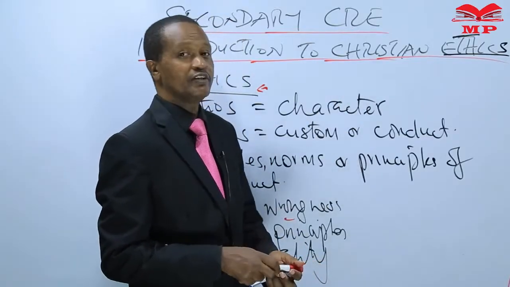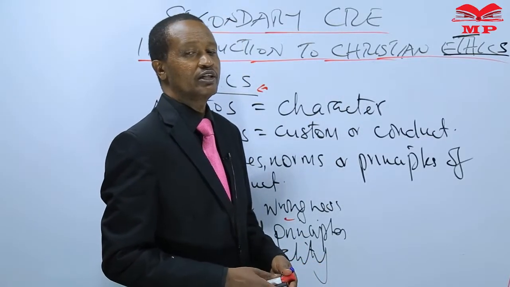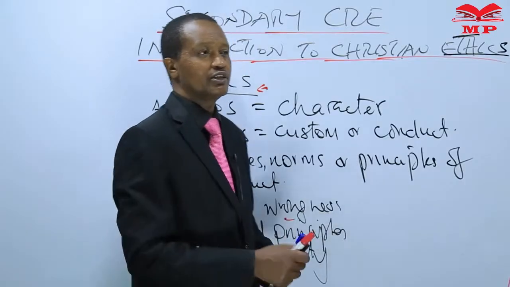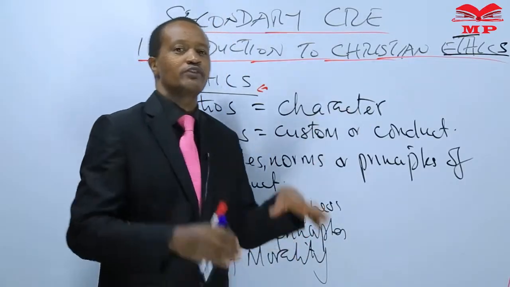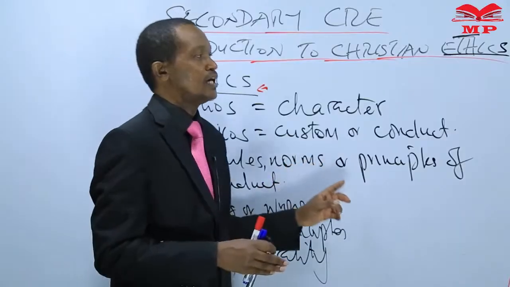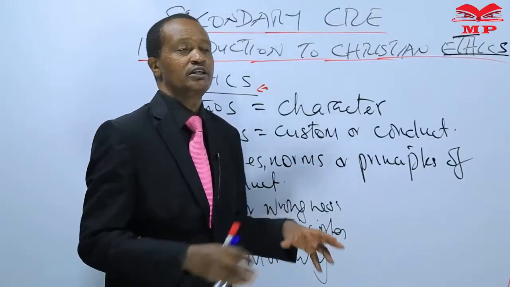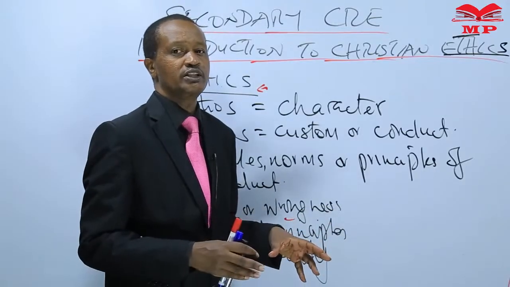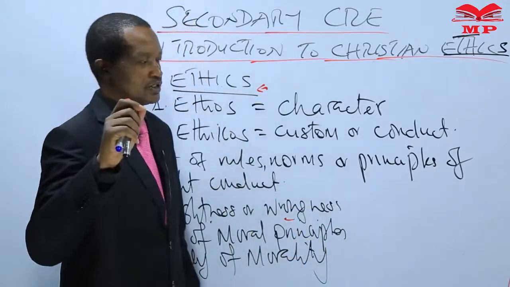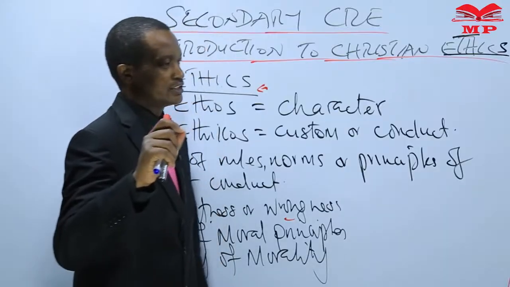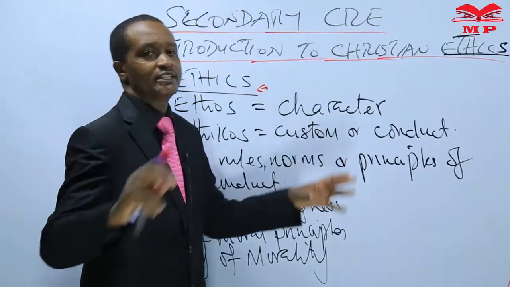There are those who were even banished from the society, and those who were stoned. So there was severe punishment for any unethical behavior within the African traditional communities. So ethics, candidates, again, I can say, is about choices.